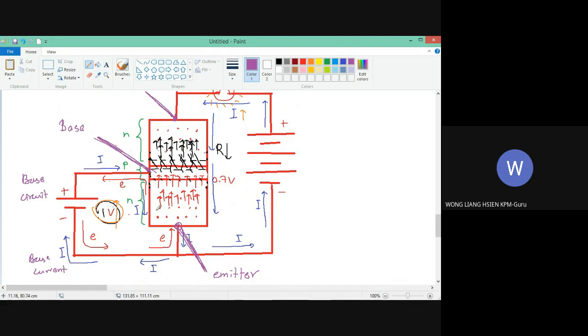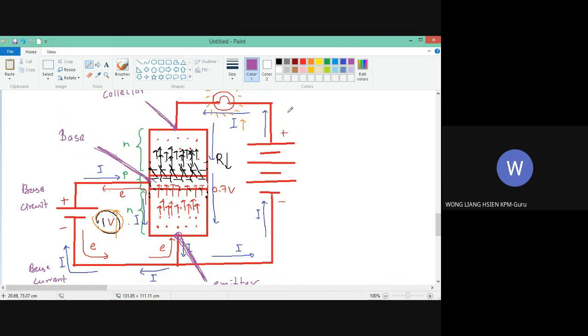And then this circuit here, this bigger current, this circuit that allows the current to flow from here over to here, we call the collector circuit. So these are the names involved here.